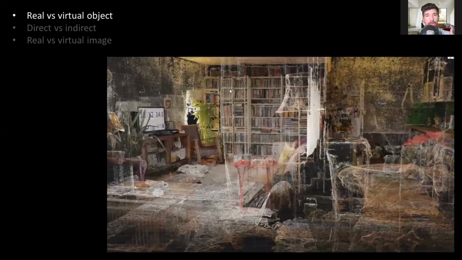So if we take a look at this image here, and we talk about whether this is a real or a virtual object, it can become difficult to discern since this is a photogrammetric model of a real 3D space, which is shown to us as a dense point cloud.